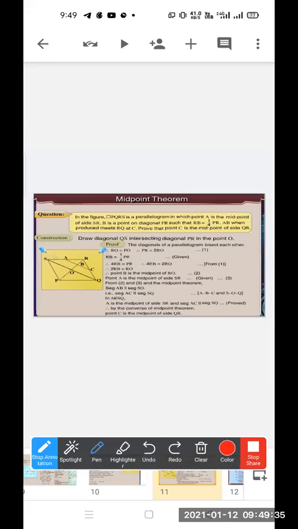A is the midpoint of SR, so it bisects the third side, and AC is parallel to SQ. That is what we have to prove: that C is the midpoint of side QR.